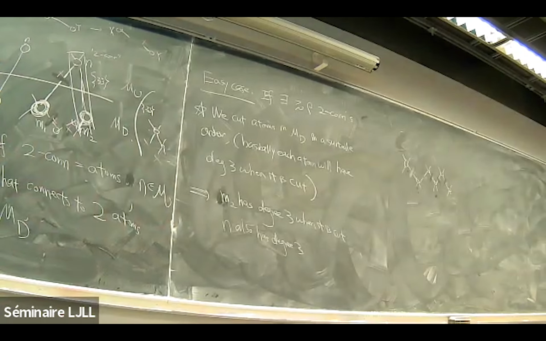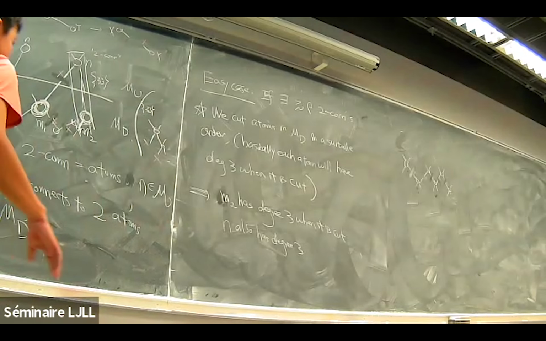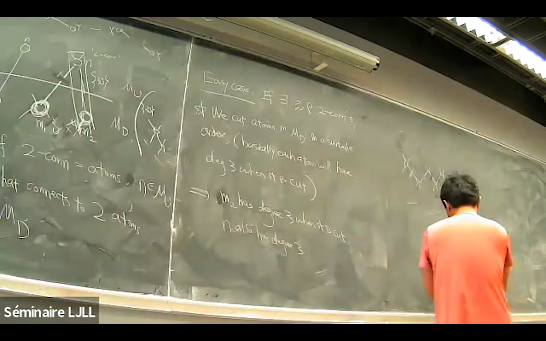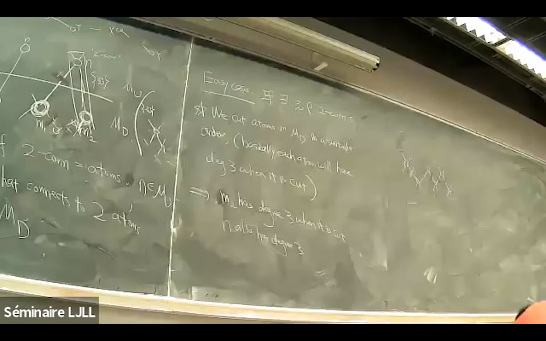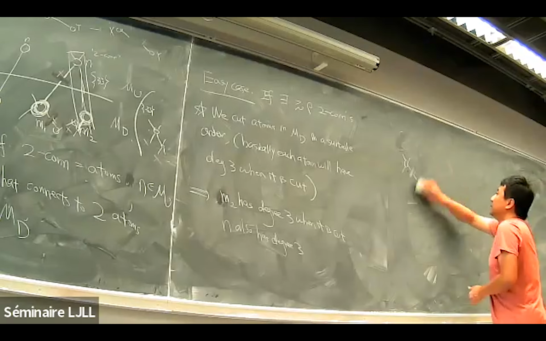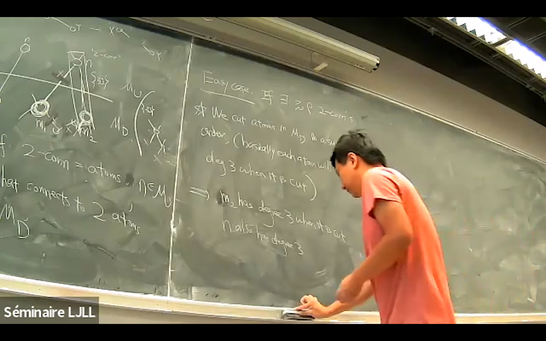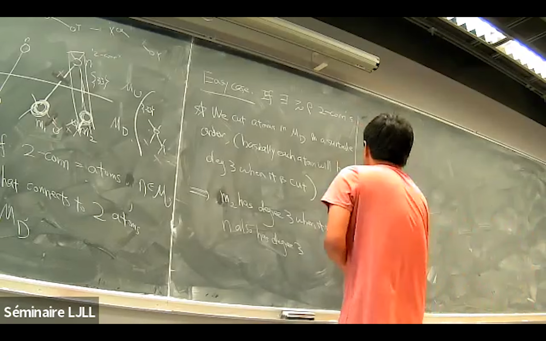Now let's say there are not many 2 connections. In fact, we'll assume there are no 2 connections. If there exist some 2 connections, we'll just remove them. The number is negligible, so you are fine. So let's say there are no 2 connections, which is the main case.